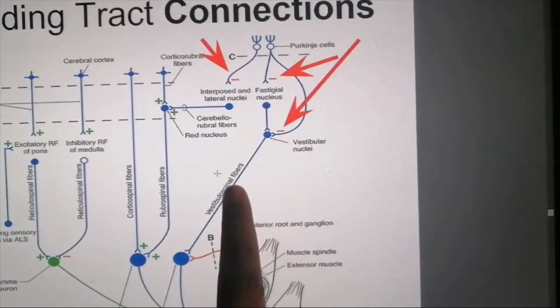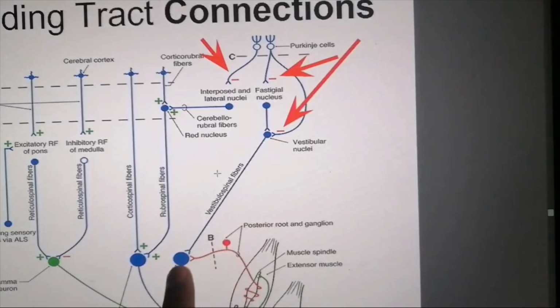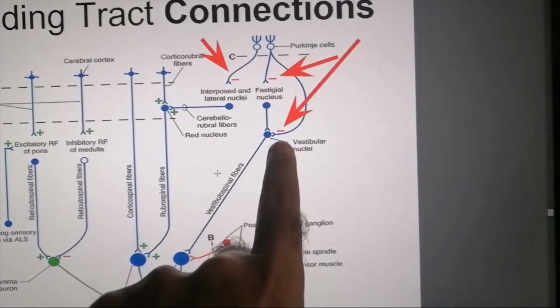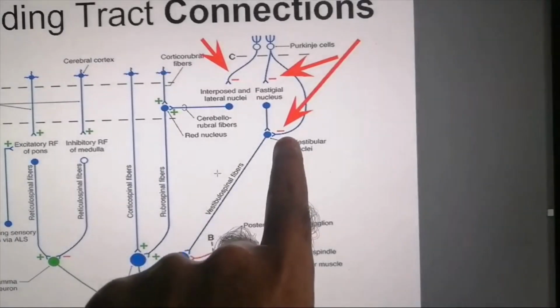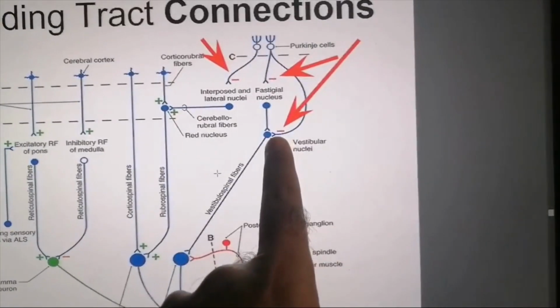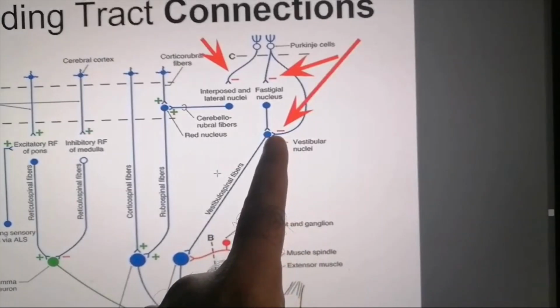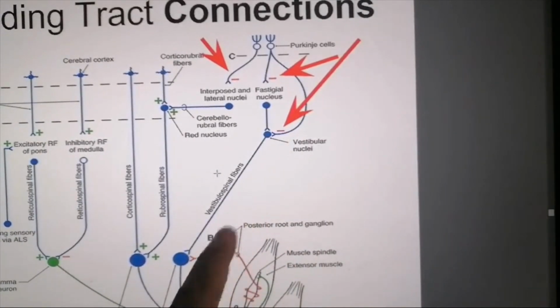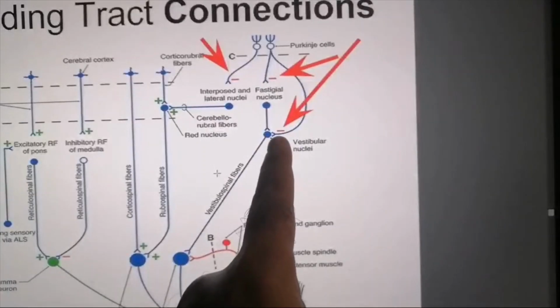The vestibulospinal fiber is to stimulate this extensor alpha neuron, which it does. Cerebellum won't have it. Cerebellum is continuously inhibiting this neuron, so it is being kept in check by the cerebellum.